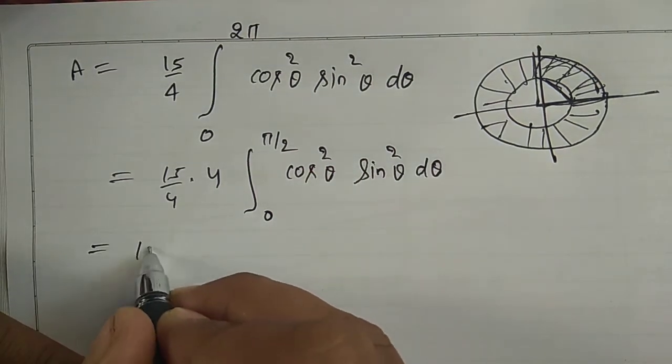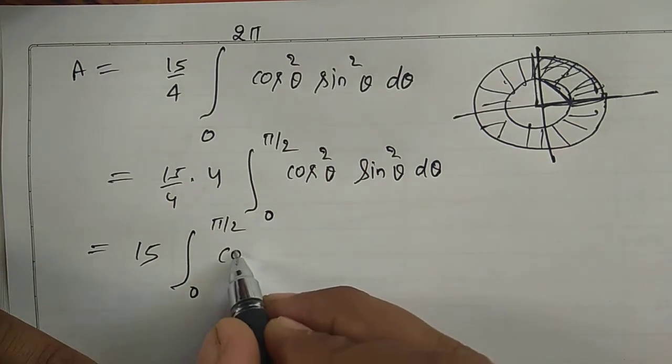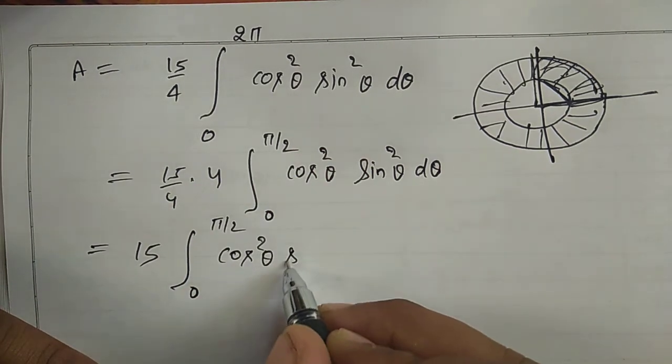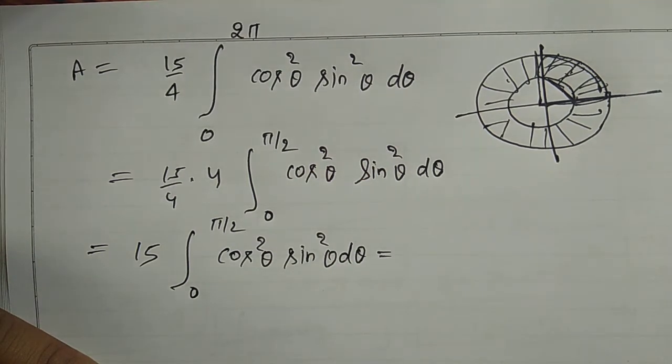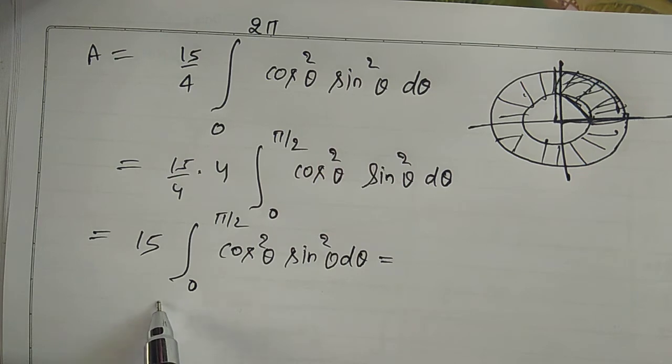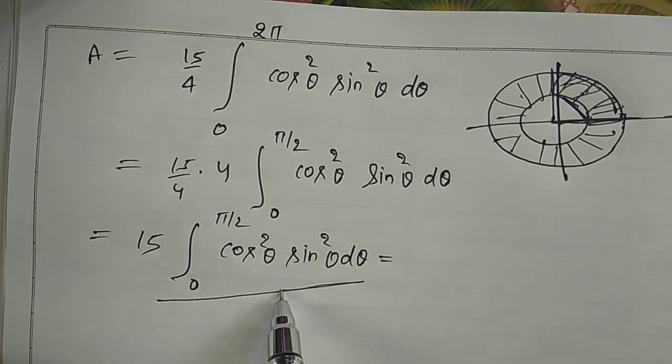So this is 15 into the integral 0 to pi by 2 of cos square theta and sin square theta d theta. Now this integration we can solve using the reduction formula in terms of beta and gamma function.